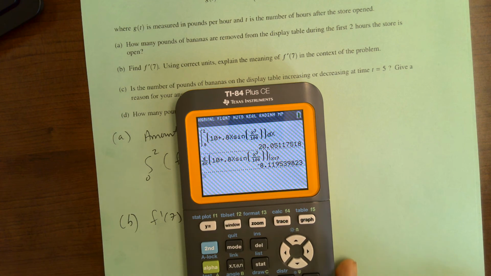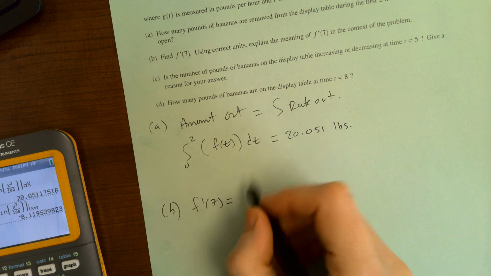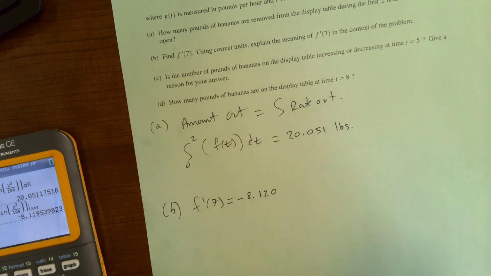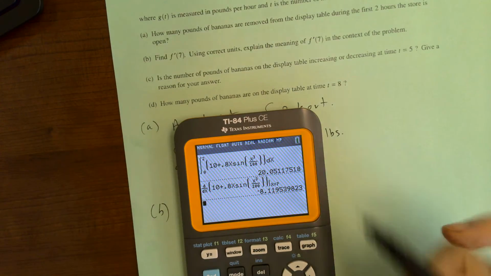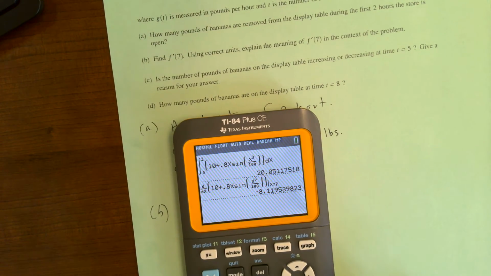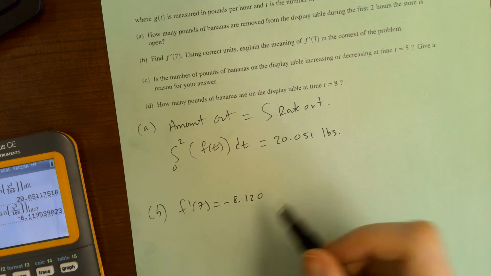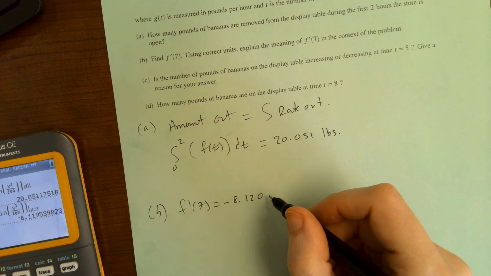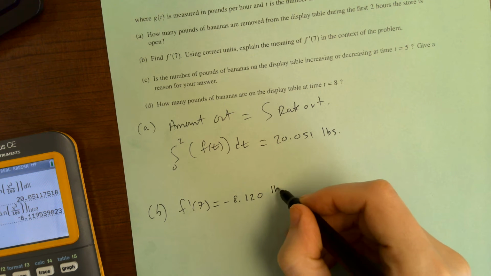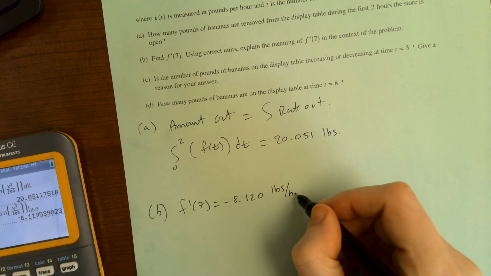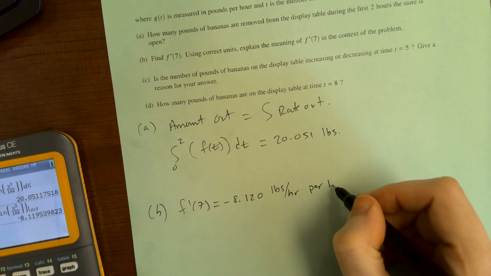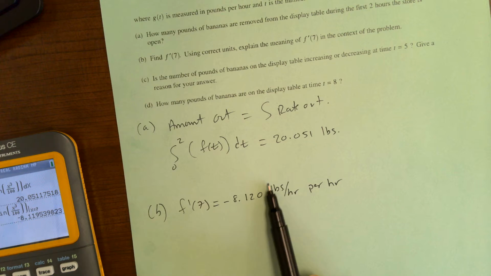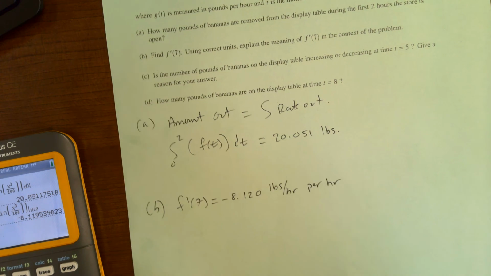Okay, so I get negative 8.120, if I'm rounding up, because the 9 rounds up. So it's like a rate of a rate. So this is going to be pounds per hour. Okay, so we're doing the rate of change of the pounds per hour.